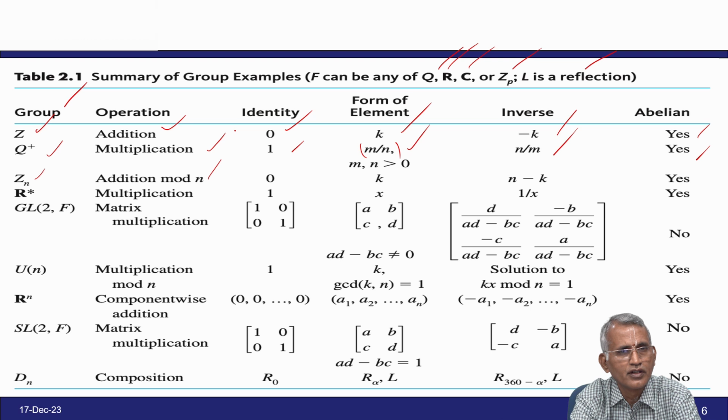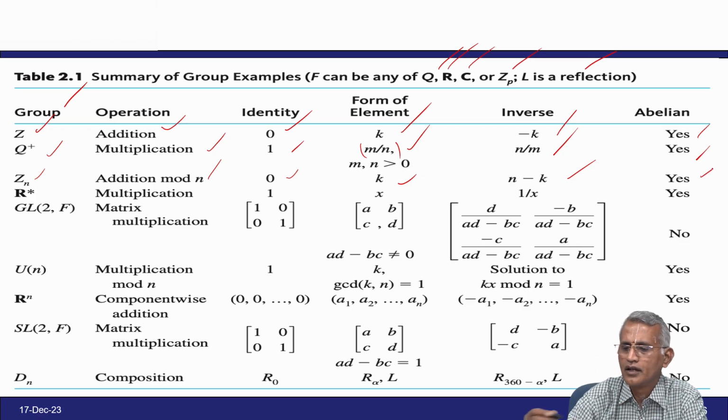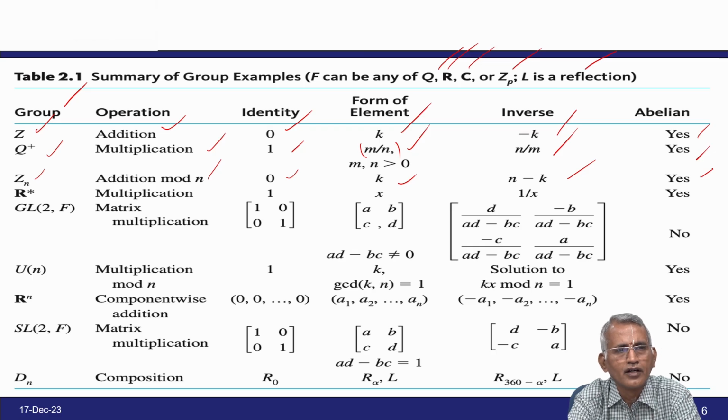In addition modulo n, 0 is included, therefore 0 acts as the identity. For an element k, if you add n minus k, then divided by n it becomes 0, therefore n minus k is the inverse. It also follows the abelian property, therefore it obeys all 4 properties of the group, so it is an abelian group.